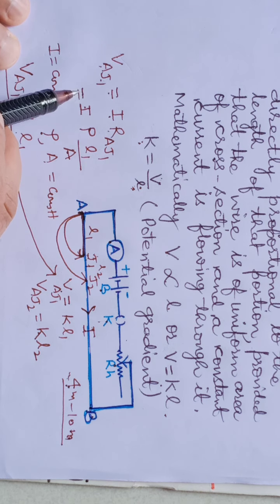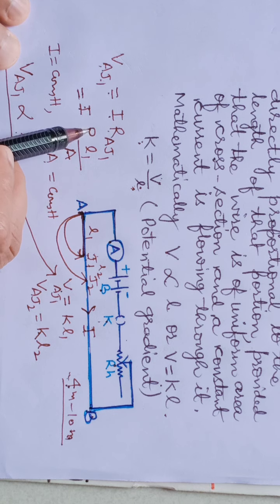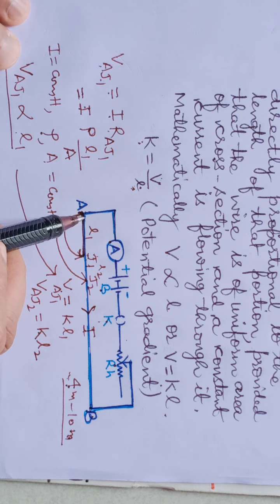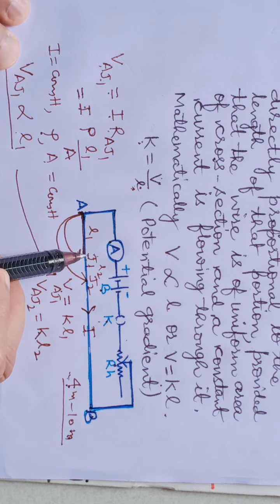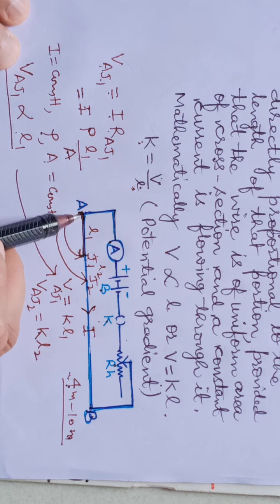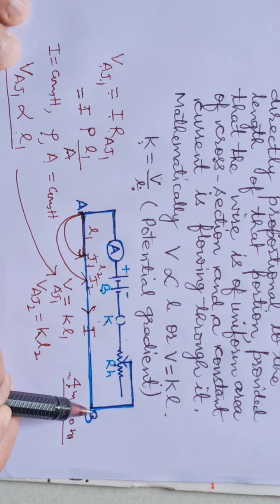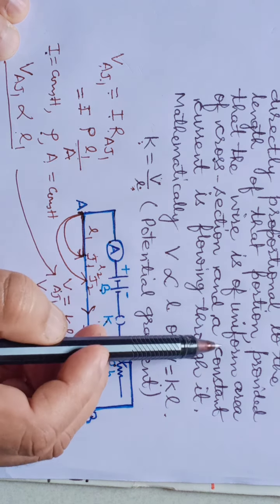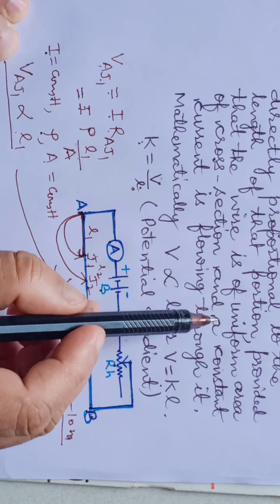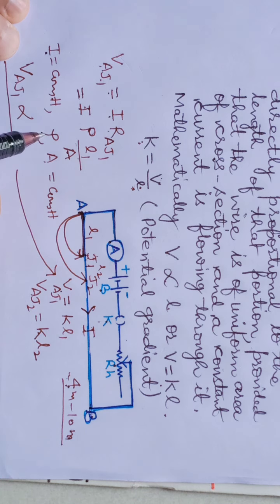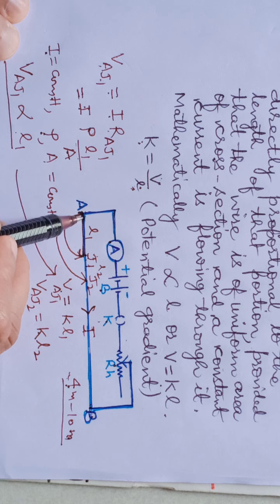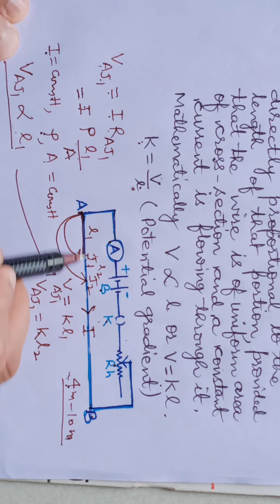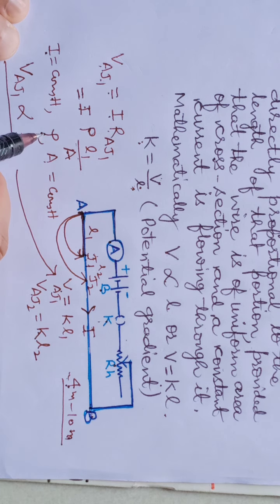Now this will be equal to current, resistivity, length of this portion, let it be L1, upon area of cross section of this wire. And if I is constant as the condition mentioned in the principle, rho, the composition of the wire from A to B throughout is the same, it is of the same material.